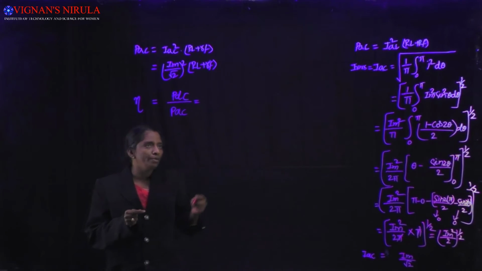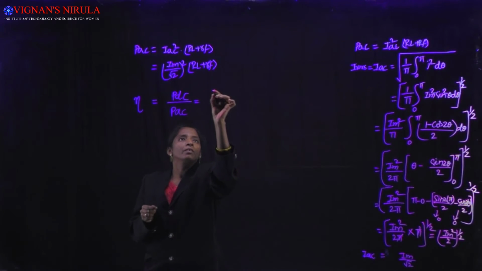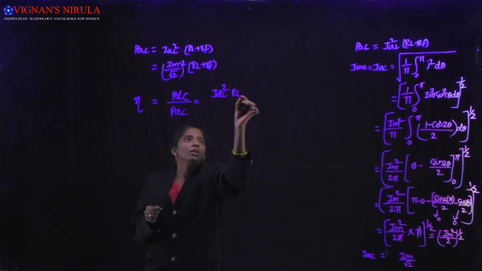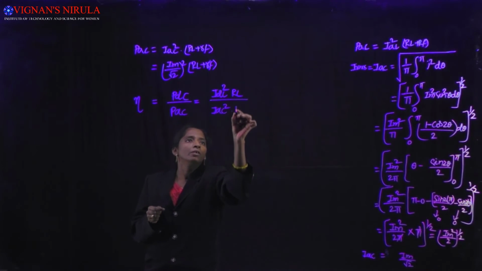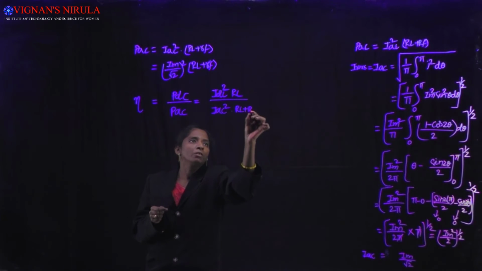The value of PDC is IDC square into RL divided by PAC, which is IAC square into RL plus RF.